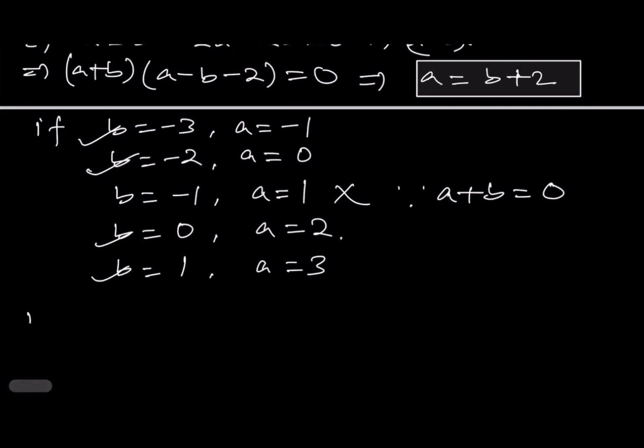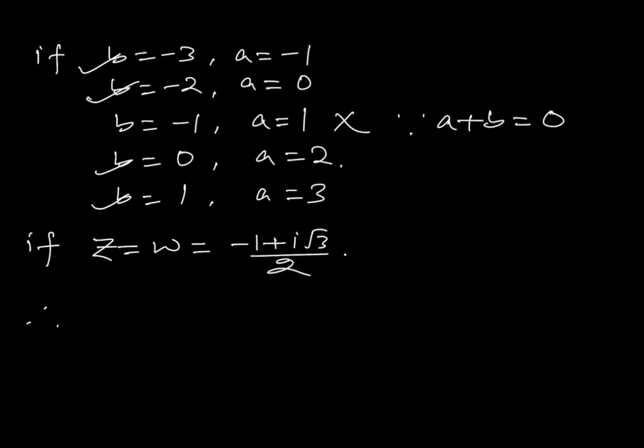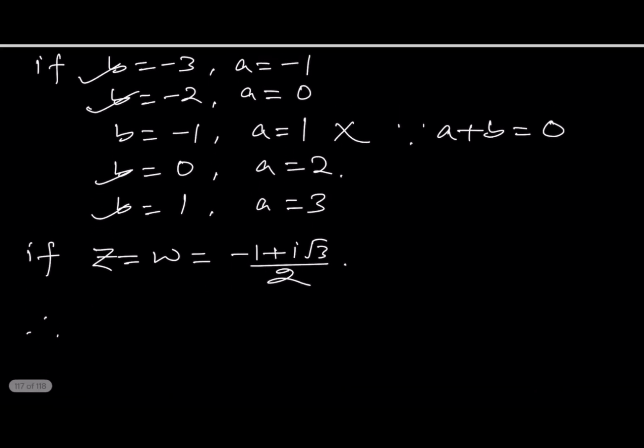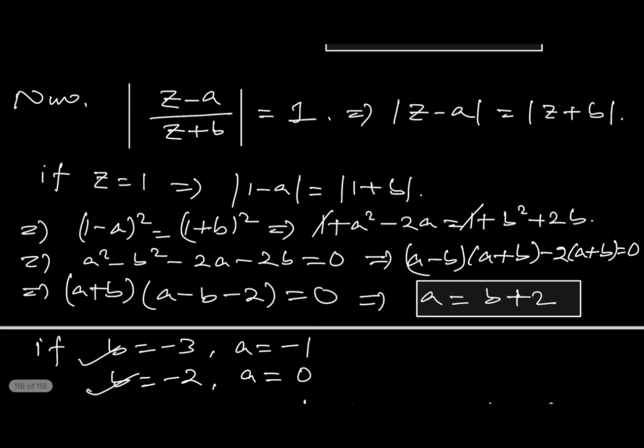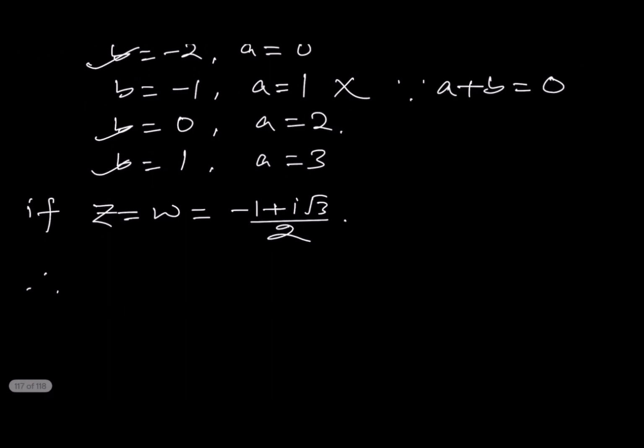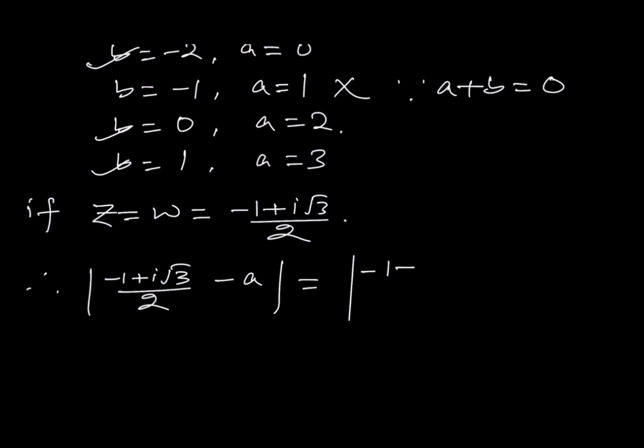If z is equal to omega, and omega is nothing but minus 1 plus iota root 3 by 2, in that case mod of z minus a is equal to mod of z plus b. So mod of minus 1 plus iota root 3 by 2 minus a is equal to mod of minus 1 plus iota root 3 by 2 plus b, right?